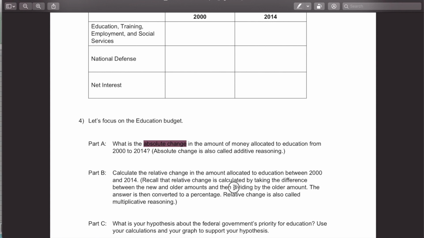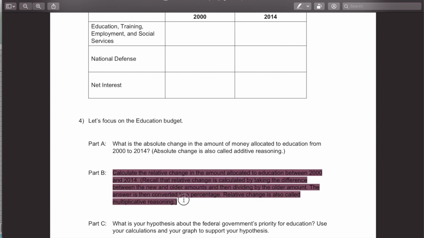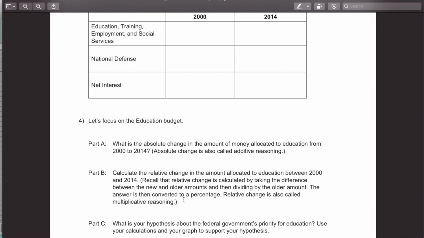Then we divide that number by the old amount. And then we always convert the answer to a percentage. That's important as well. Here, your answer will be in whatever units you're talking about, whereas with relative change, your answer will always be in a percentage. So go ahead and calculate the relative changes for each of these categories and see what you think.